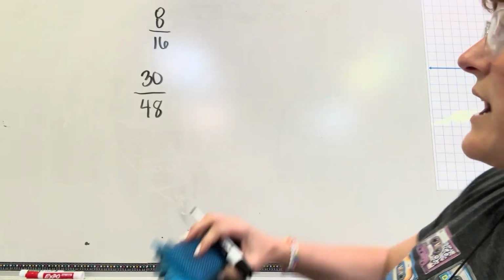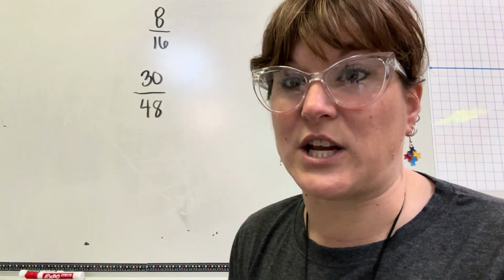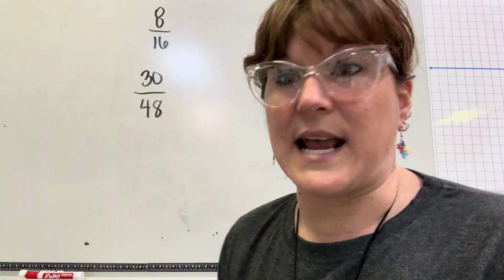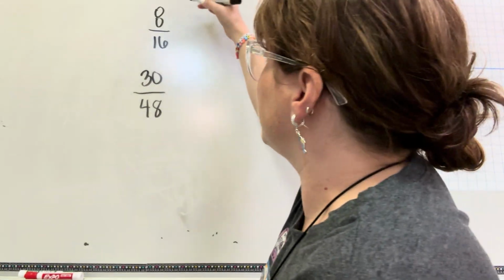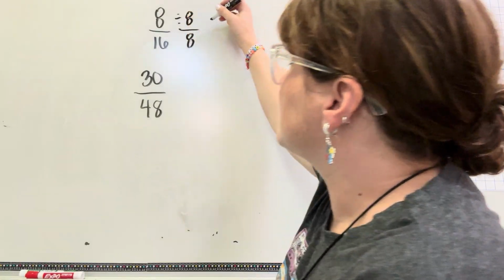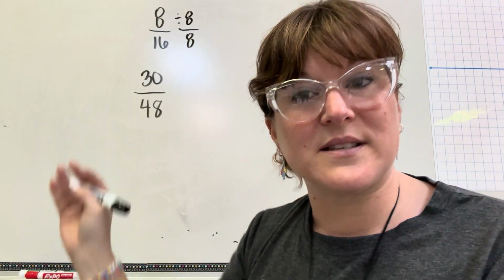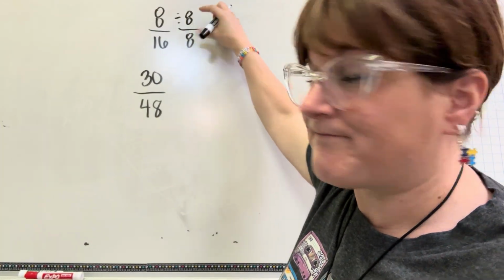So in simplifying these fractions, again, we're not changing the value. They're going to equal the same. So in this case, I know that 8 goes into both of these. So I divide by 8 over 8, reminding you it has to be the same number because that is like dividing it by 1.